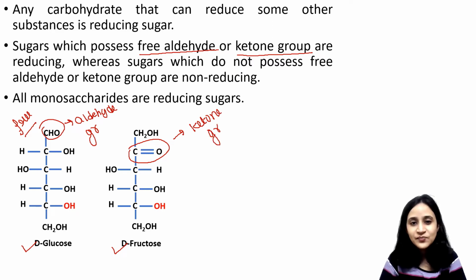This is also a free group. Therefore, they can reduce others because of these two free aldehyde and ketone groups. And because of that free group, all monosaccharides are reducing sugars because all monosaccharides have free aldehyde or free ketone group.